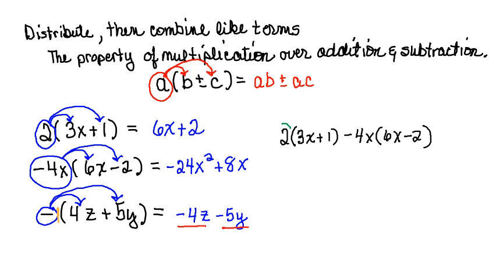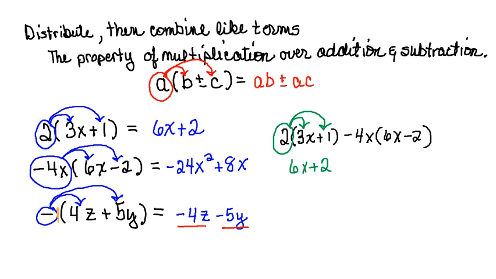Okay, first things first, left to right. Something in front of the parentheses, so I have to distribute it. And so 2 times a positive 3 gives us a positive 6x. 2 times the positive 1 gives me a positive 2.